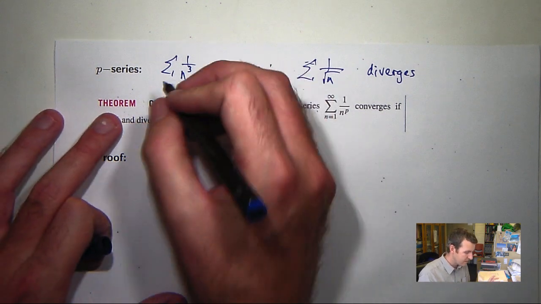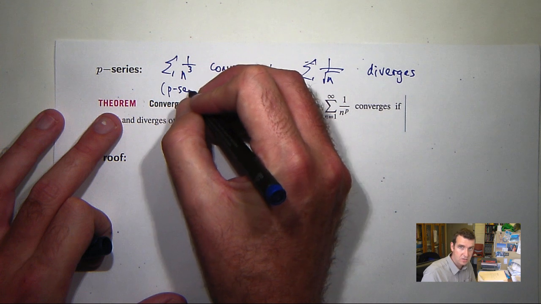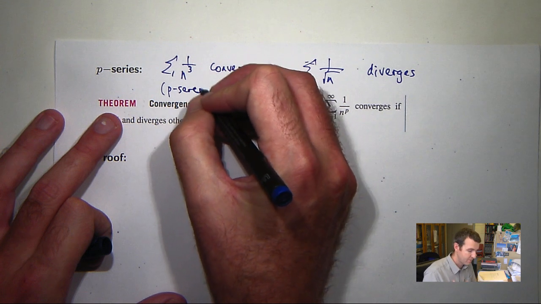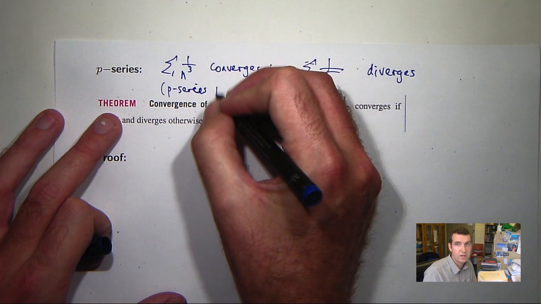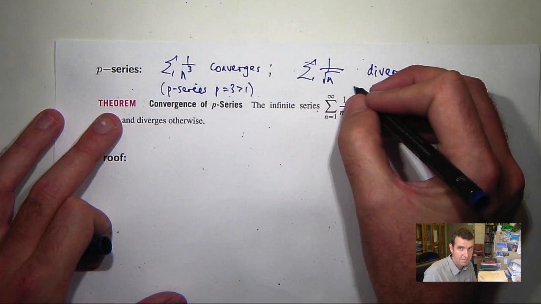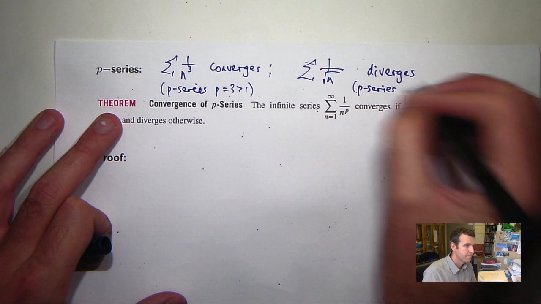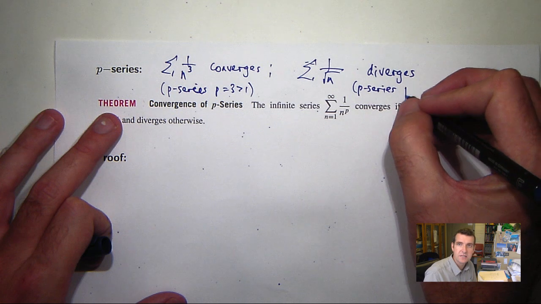Now you should really know this p-series theorem off by heart. You can just quote it or refer to it. You can say, sigma 1 on n squared is a p-series, p equals 2, greater than 1, so this p-series must converge. You don't need to use the integral test there.